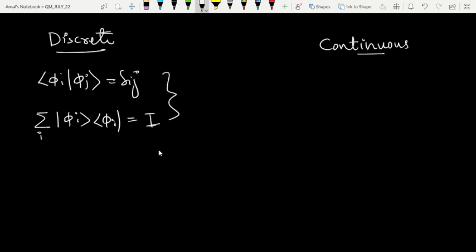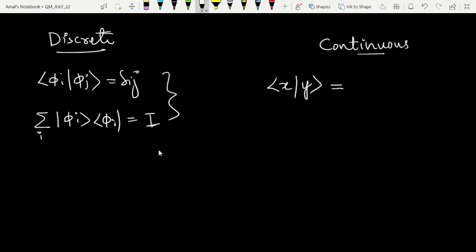So now I am writing it for the position basis, where here the indices i and j represent that these basis vectors are different. Here it is continuous, so instead of an index, I need a new variable itself. So the inner product of x with y is, here it is Kronecker delta.